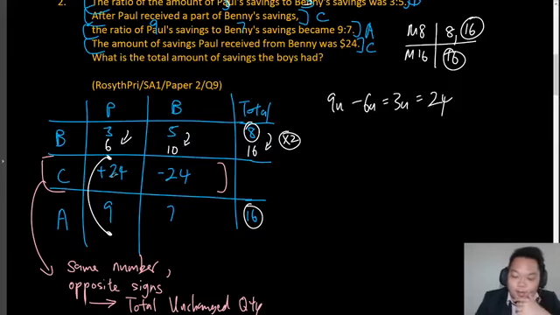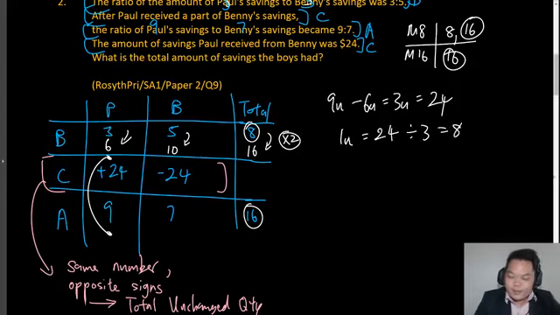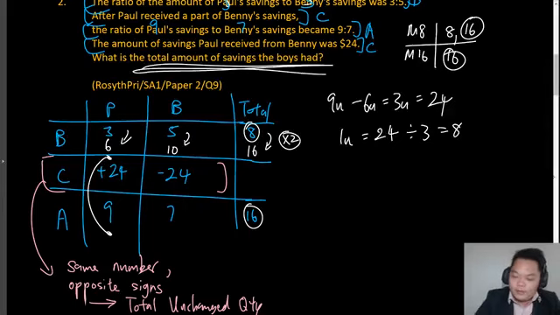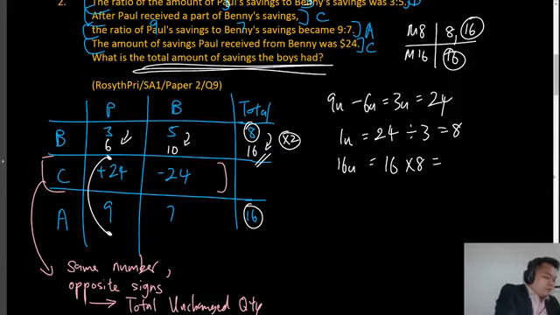So when we got that, 1 unit will be 24 divided by 3 to give you 8. And over here, let's look at the objective. What was the total amount of savings that the boys had? That will be 16 units. 16 units will be 16 times 8 to give you.